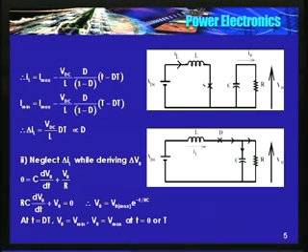Now you may say that I naught could be higher than IL. If that is the case, the capacitor continues to discharge. So this is just not possible. It was discharging when the switch was closed.